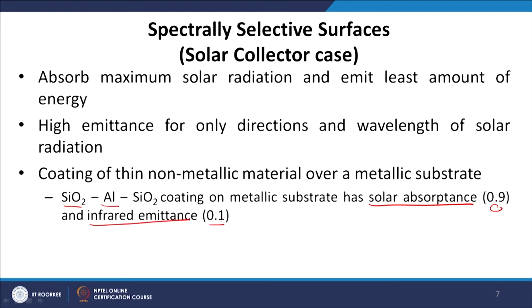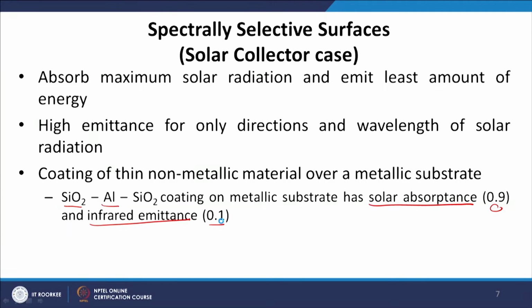By combining the properties of non-conducting dielectric materials with a metallic substrate, we can achieve good absorptance of solar radiation simultaneously with poor emittance of infrared radiation, which is the case of the solar collector. So, we have to combine a number of materials into a sandwich structure.